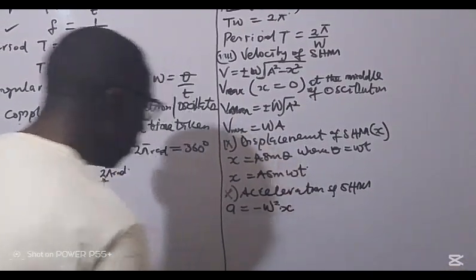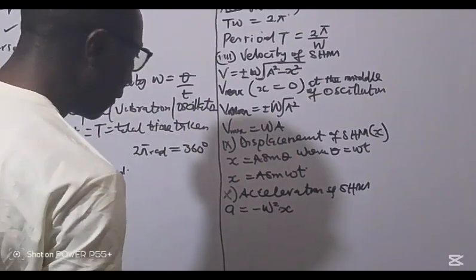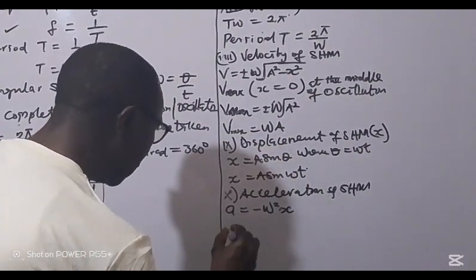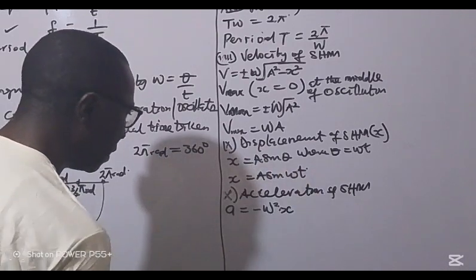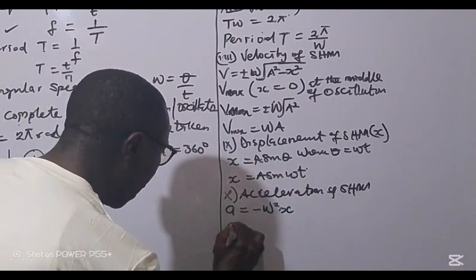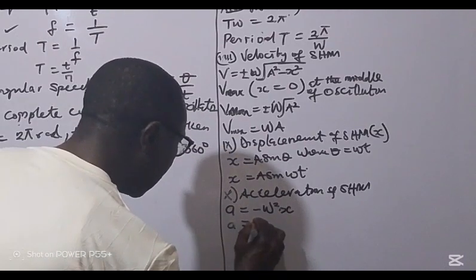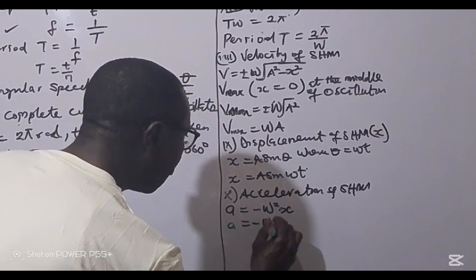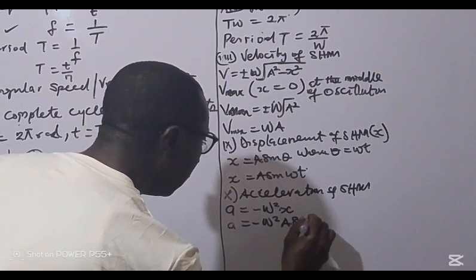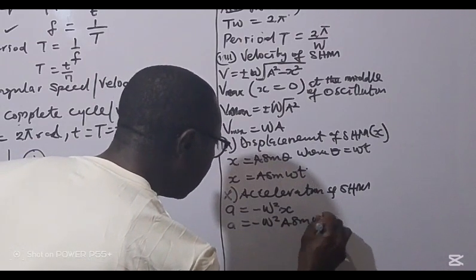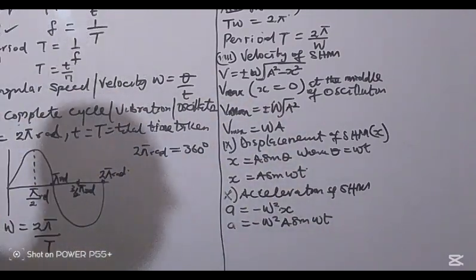Don't forget, s is displacement, where A there is amplitude. Now, since our s is a sine omega t, then we are going to have the acceleration of simple harmonic motion as minus omega squared a sine omega t. Don't forget our omega t is the angular distance or angle turned.